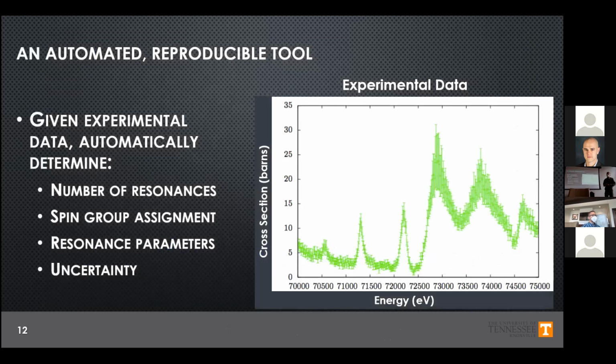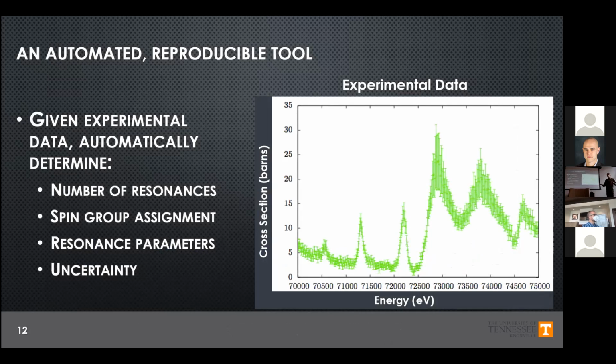So the ultimate goal of this project is to create this automated, reproducible tool for nuclear data analysis. So these pictures you've been seeing are these experimental data sets of a cross-section. A cross-section is the probability of a nuclear reaction taking place. So given this probability curve, you can see we have these big spikes in these probabilities.